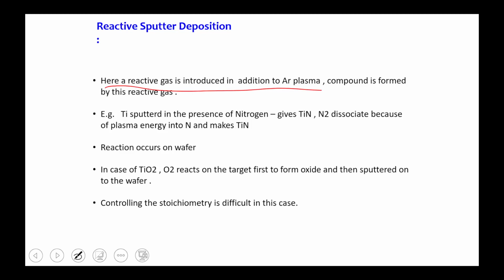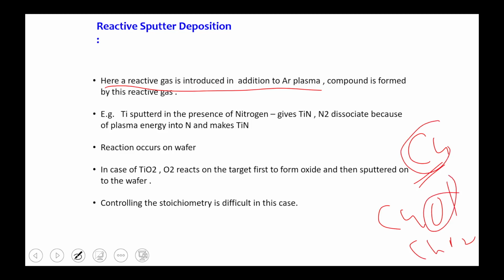Suppose you use a copper target and you want to deposit copper oxide, CuO or Cu2O. But you have only copper; you have no oxide source here. So what will you use? You use oxygen as a gas.